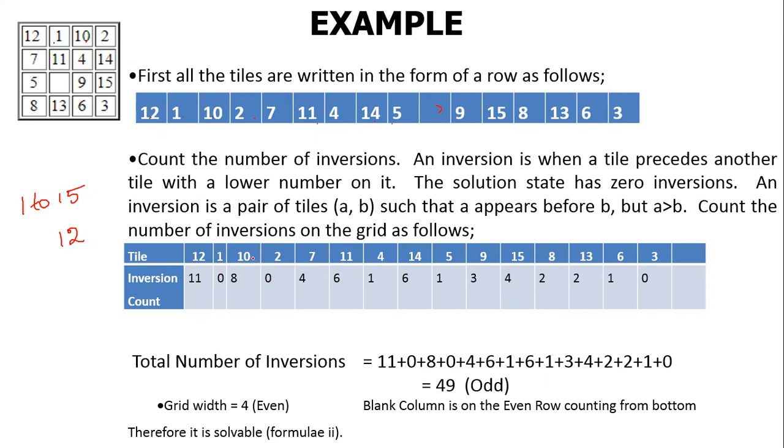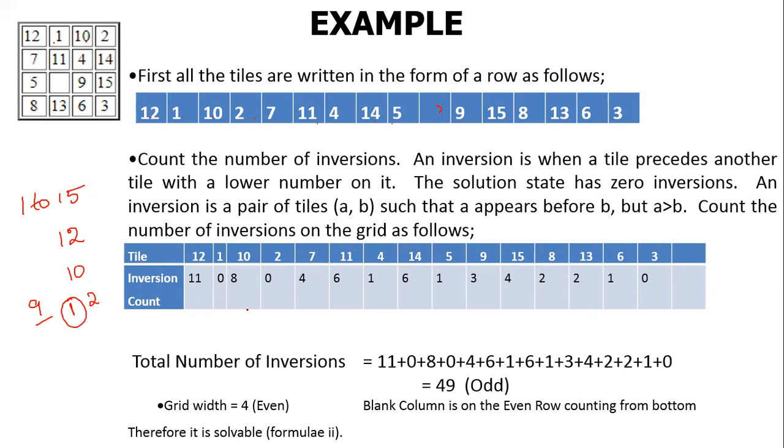Then 10. Before 10, 9 numbers are there, but among these 9 numbers, 1 is already here, that's why we count it as 8. Next one, 2. Before 2, only one number is there, but 1 already exists here, that's why the count is 0.